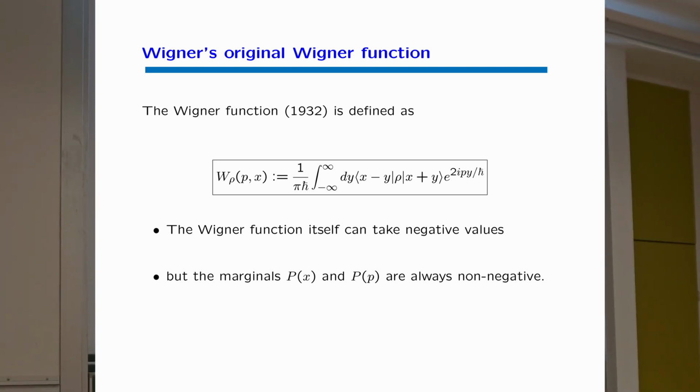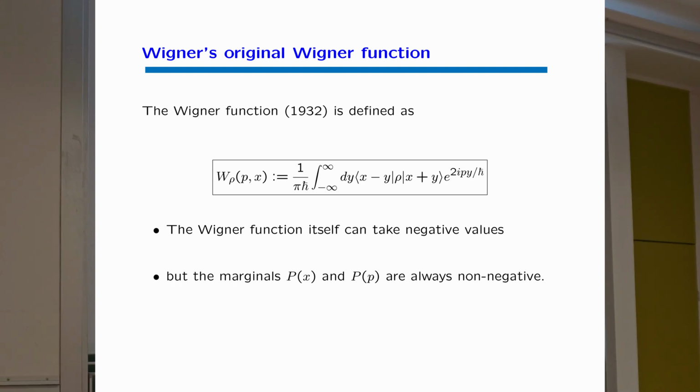It is expressed in this form. You have the density matrix here, and you are sandwiching it between a ket and the bra. The ket and the bra contain the position. You're evaluating the Wigner function at a certain position, so you find these positions here.